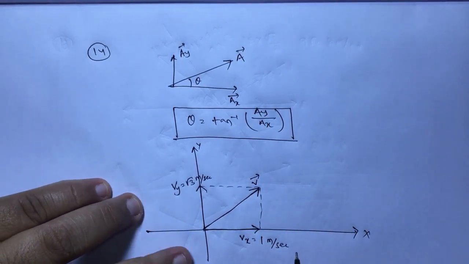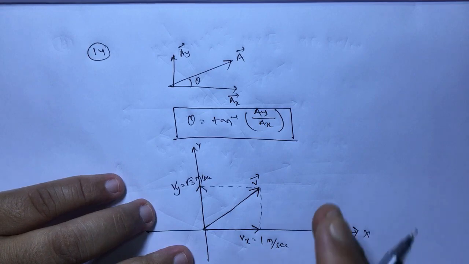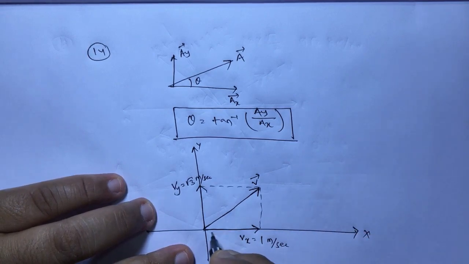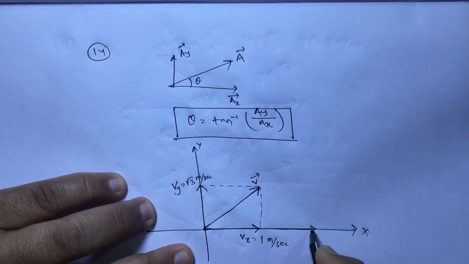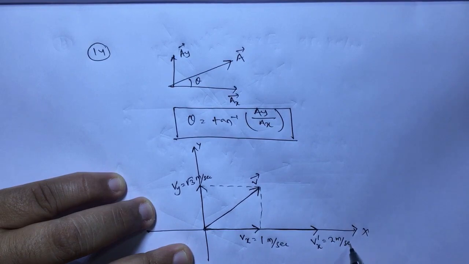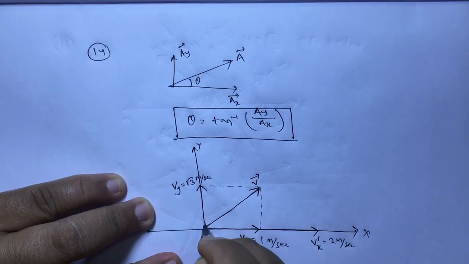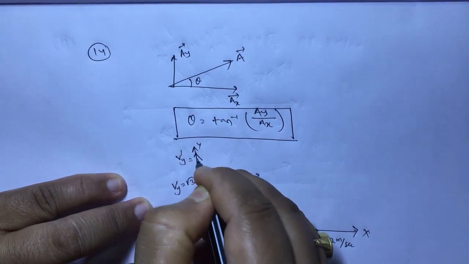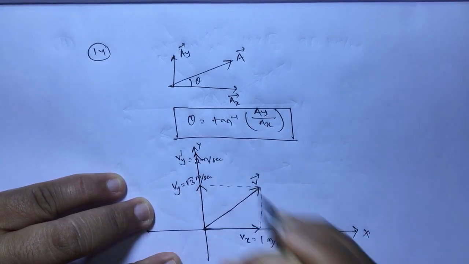Now for the second billiard ball, what is given? The x component is 2 meter per second. So let this be Vx dash, equal to 2 meter per second, and the y component is also 2 meter per second. Let it be Vy dash, again equal to 2 meter per second.